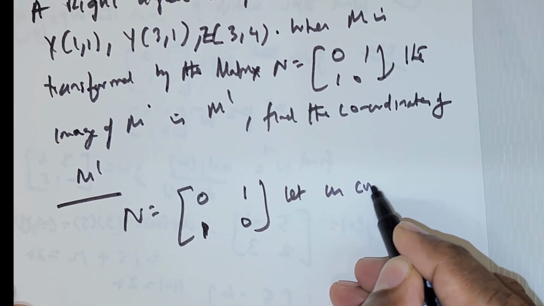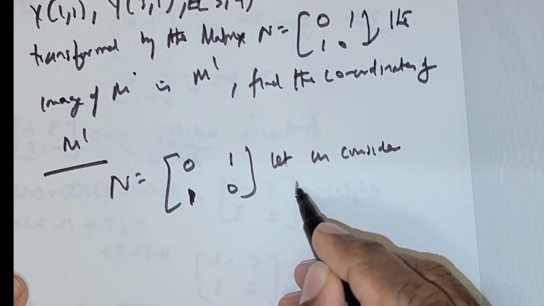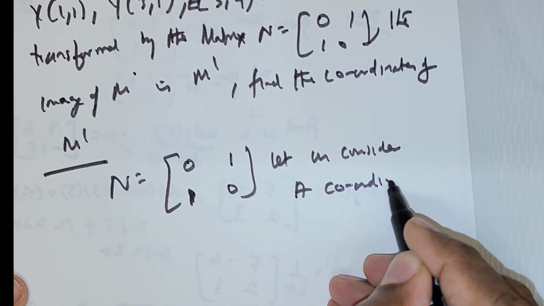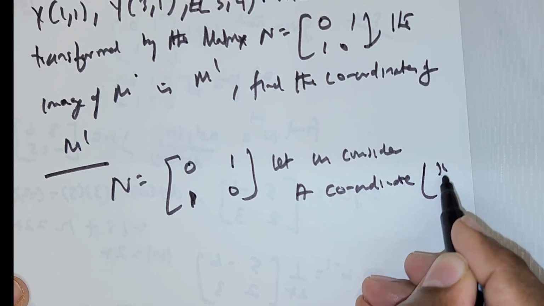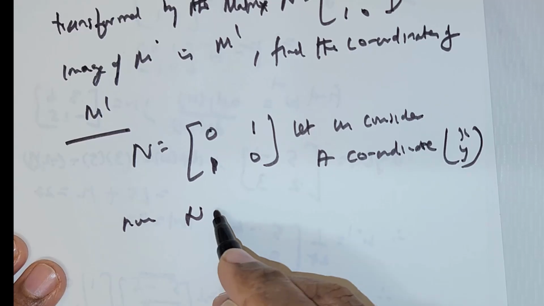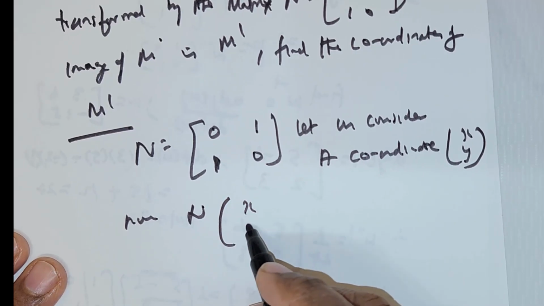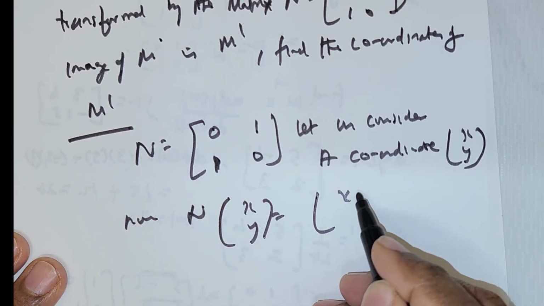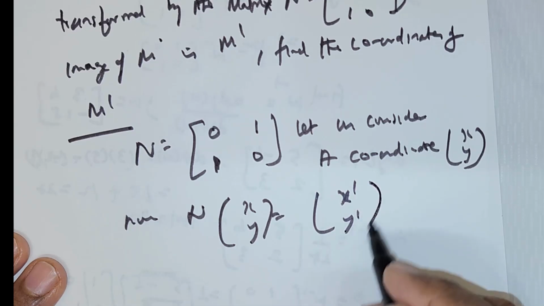Now let us consider a coordinate, say x, y. Now N is operating on x, y to give us x dash and y dash.